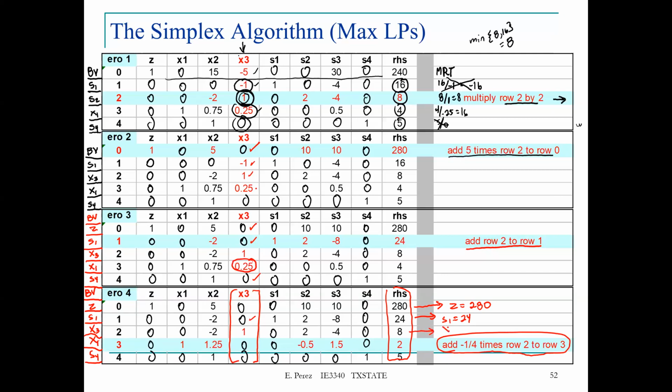This one is saying that X3 equals 8. This one is saying that X1 equals 2. And this one is saying that S4 equals 5. So I have an objective function now equal to 280. So it went up from 240 to 280.